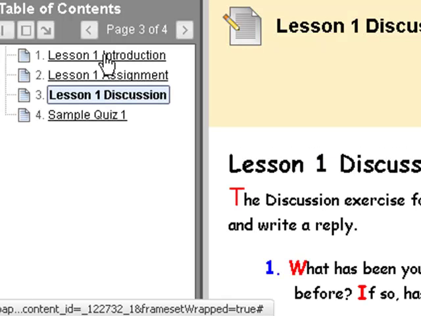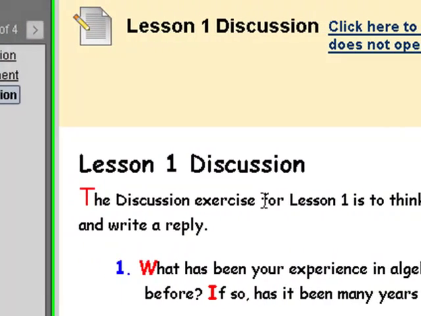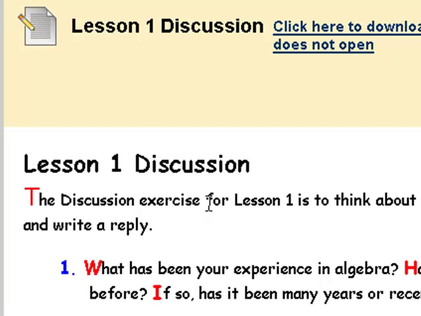And these three happen in each lesson. We have an introduction, we have an assignment, we have a discussion. And the discussion item is a question that each student is asked to answer in the discussion board. We're not going to be doing the discussion board right now. That'll be in a different video.